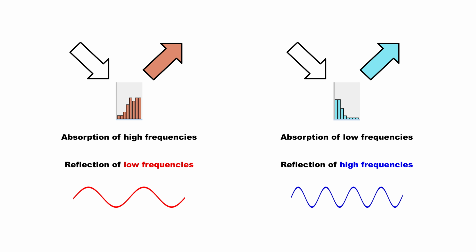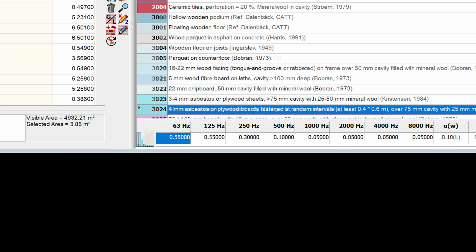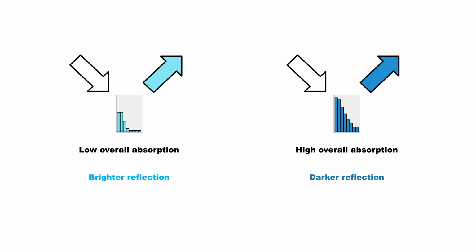With absorption of low frequencies, you have reflection of high frequencies associated to blue. So, materials especially absorbent at high frequencies will be more red-colored, while materials especially absorbent at low frequencies will be more blue-colored. Also, with more overall absorption, you get darker colors, again, just like with light.